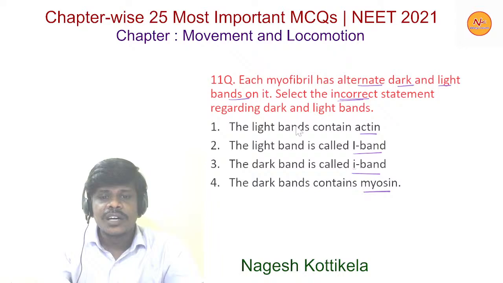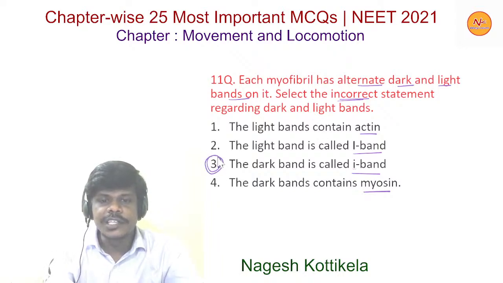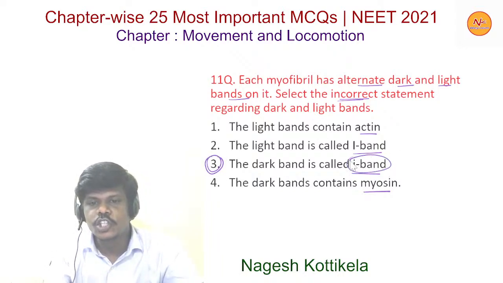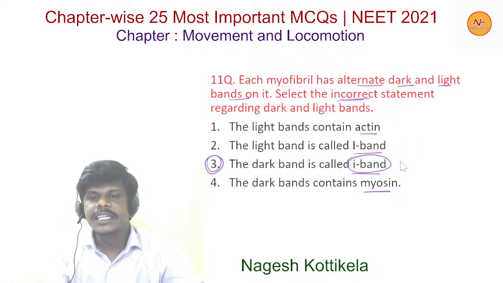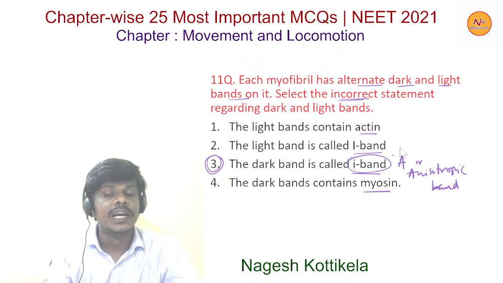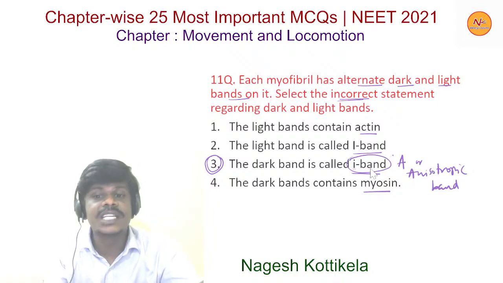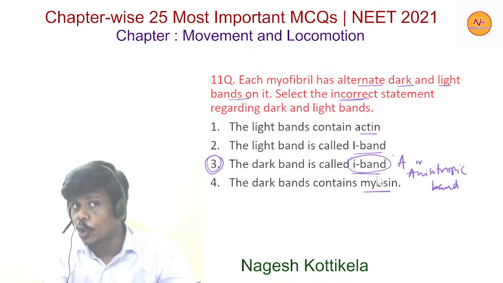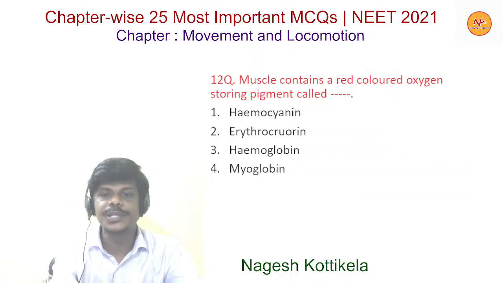So here the third option is wrong. It is not small I, it is A or anisotropic band. This is the correct one. Instead of A, it is given small I. So this is wrong. Now, moving to the next question.